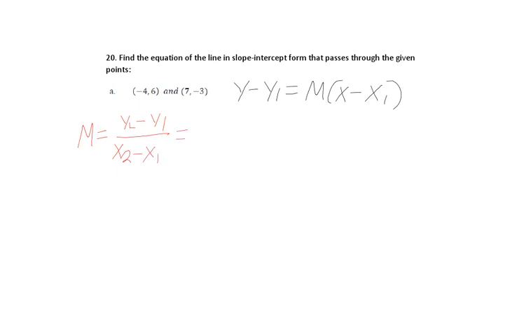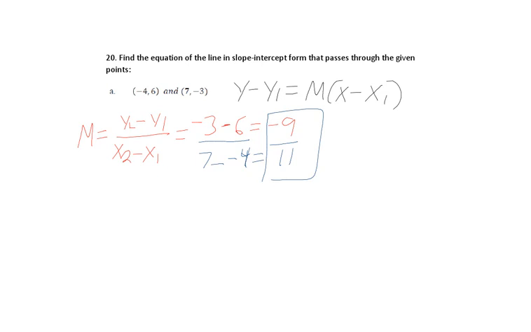So here y2 is negative 3 minus y1, which is 6, so that makes negative 9. x2 is 7 minus x1, which is negative 4, so they're really going to add, so that becomes 11. So your slope is negative 9 over 11.